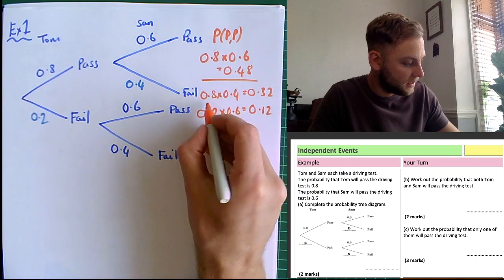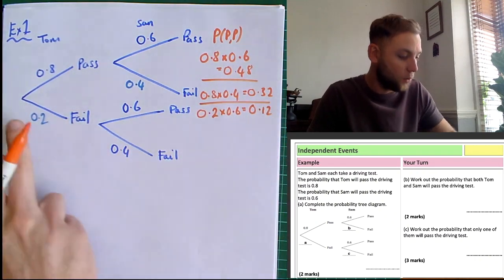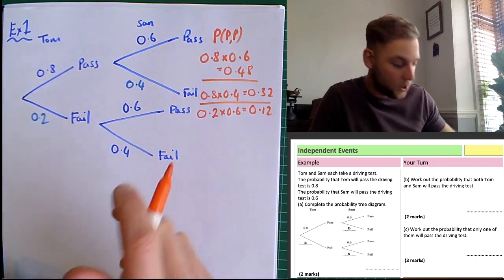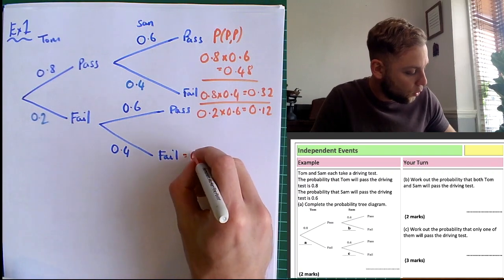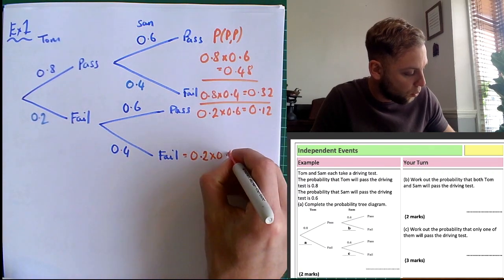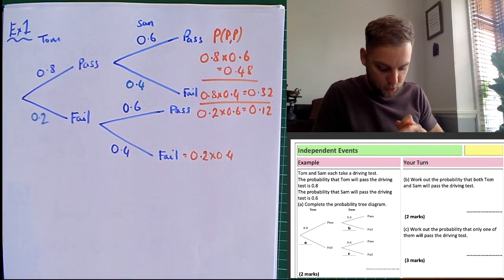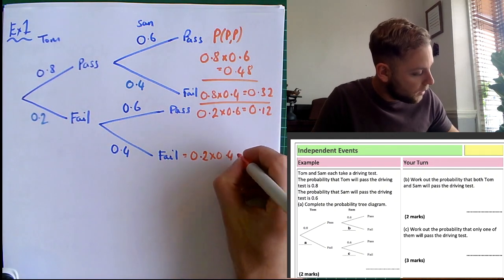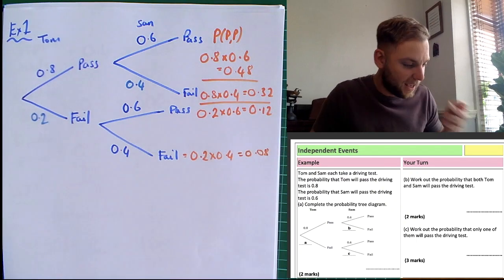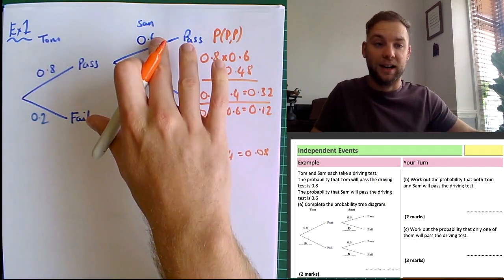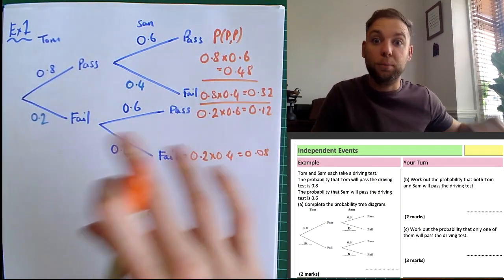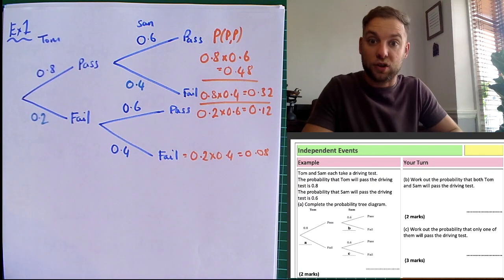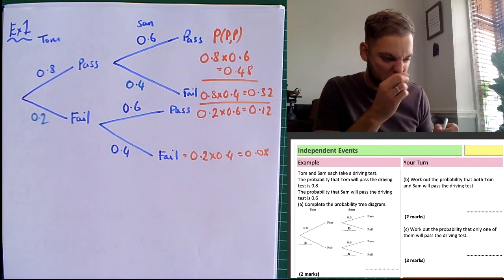Put a line there so you can see that these are different. And the last one, what's the probability that they both fail? Well, that's going to be equal to 0.2 times 0.4, which is equal to 0.08. Okay, so we've completed our tree diagram, and we've completed our probabilities of independent events, so we can start thinking about the next stage, so part B.